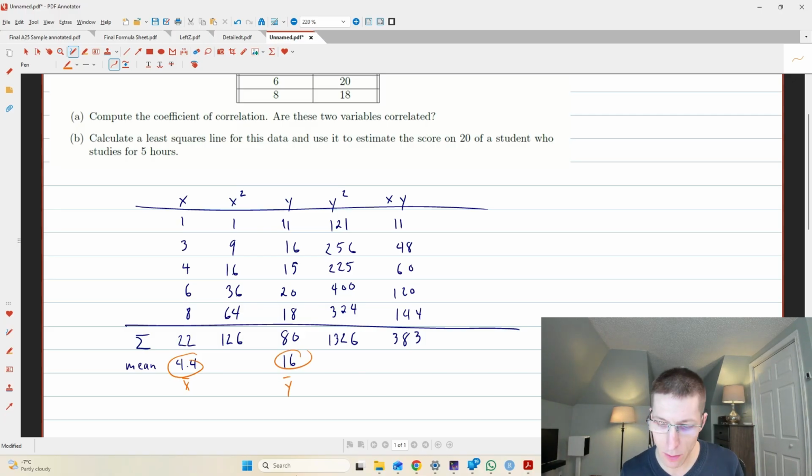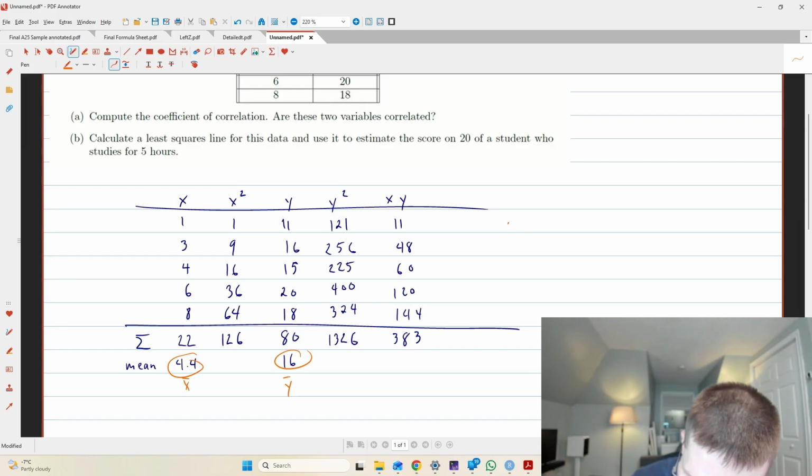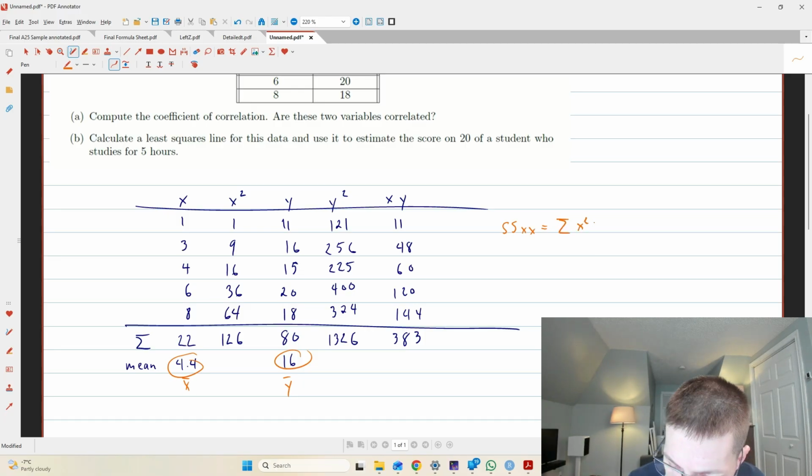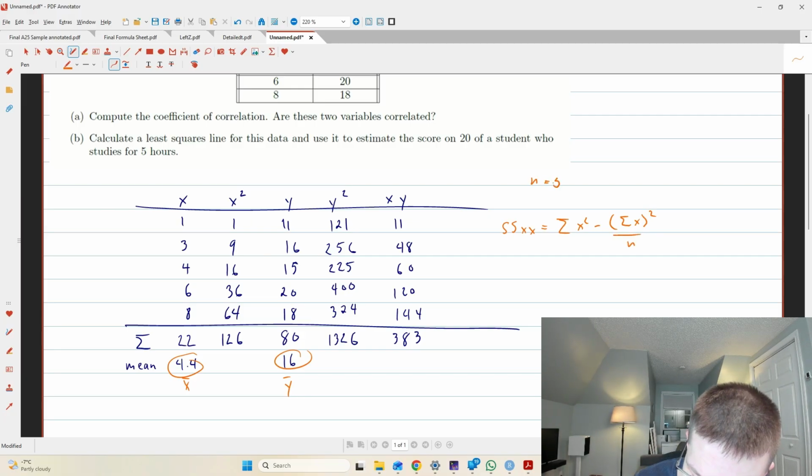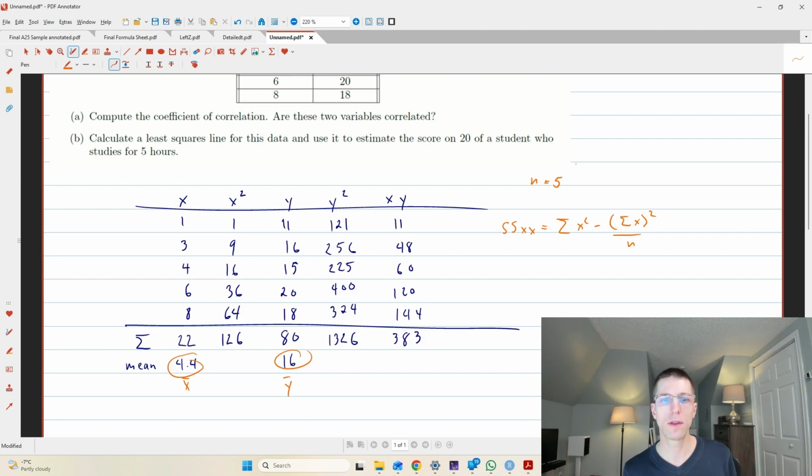And so I need to compute my SSXX. That from the formula is going to be my sum of X squared minus sum of X all squared over N. So N is 5. There are 5 observations in the data, 5 points.